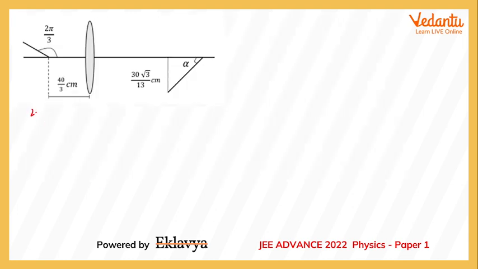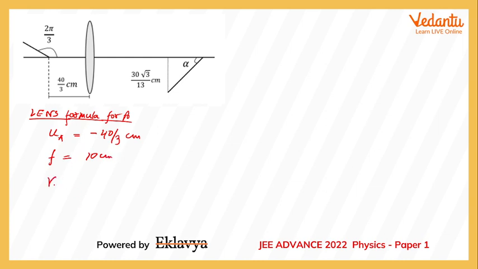I will first apply the lens formula for point A. For point A, the value of U, let me write it as UA, is minus 40 by 3 centimeter. Focal length is given to be 10 centimeter, and we'll take it as plus 10 as it's a convex lens.